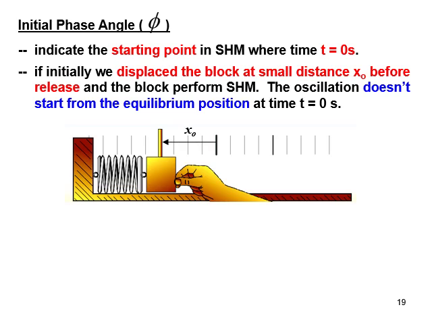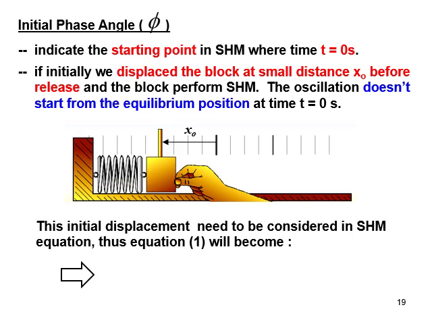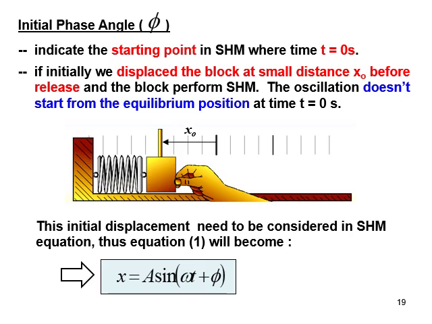But for this case, the oscillation doesn't start from the equilibrium position at time t equal to 0 seconds. So, this initial displacement needs to be considered in the SHM equation. Thus, the equation will become x equal to A sine omega t plus phi, where phi is the symbol of the initial phase angle.